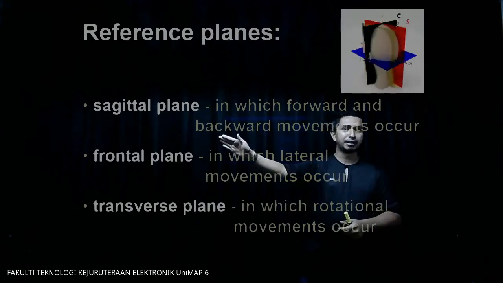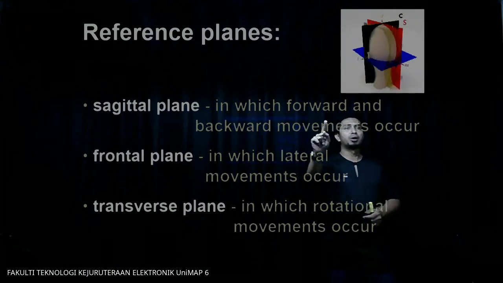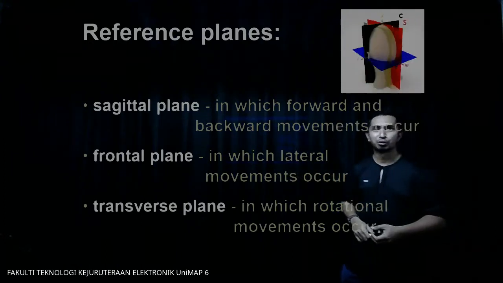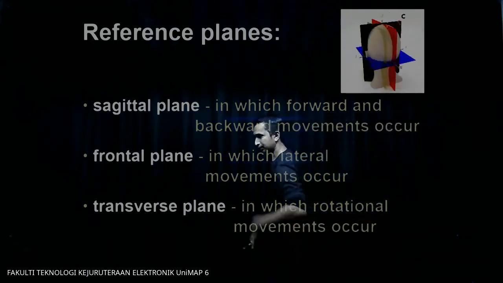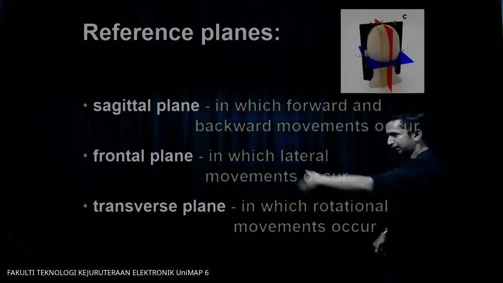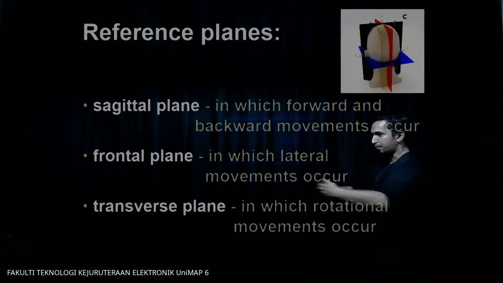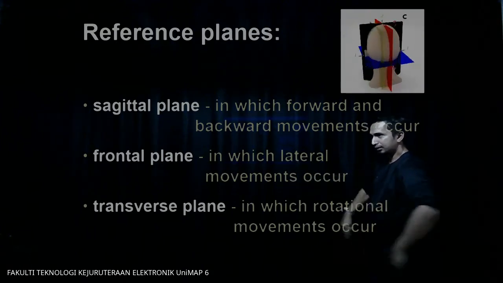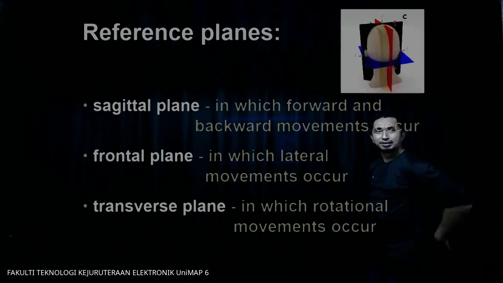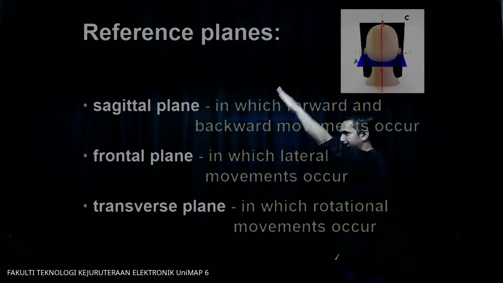What is the sagittal plane? The sagittal plane is where forward and backward movement occur. This is forward, backward of my body, front of my body is sagittal plane. Backward is also sagittal plane. So when I move my hand to the front, this is sagittal plane.